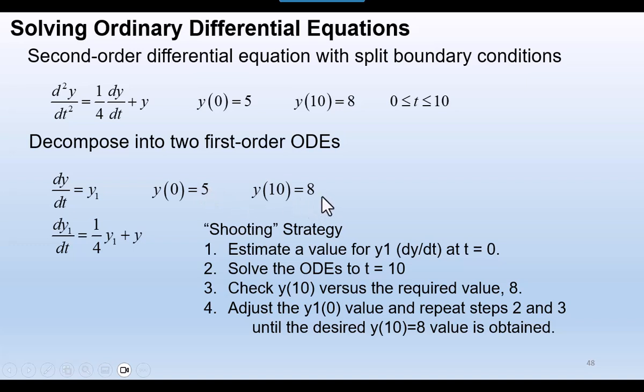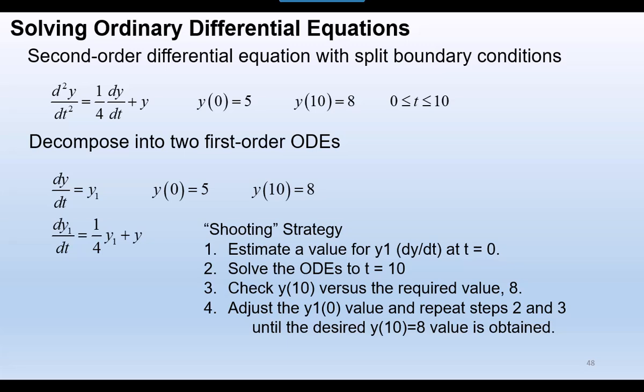And if it's not, we come back and change the initial value of y1 until that occurs, all right? So it's called a shooting strategy. We're shooting at the end target and we're missing it, and we're adjusting the angle of the shot in order to eventually get it to converge. So let's see how we can set that up.